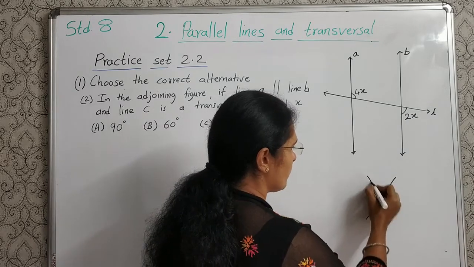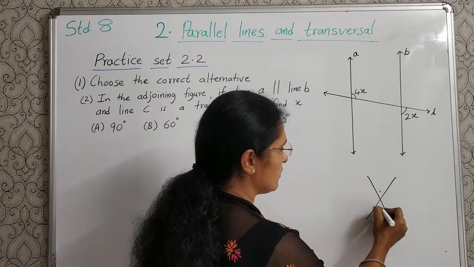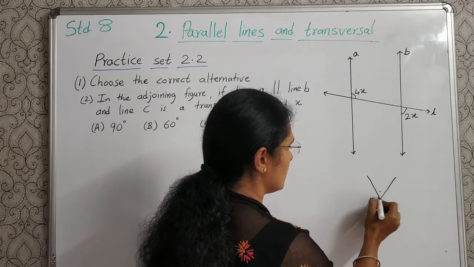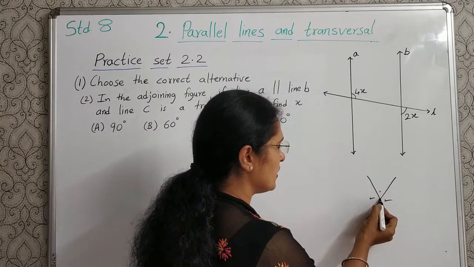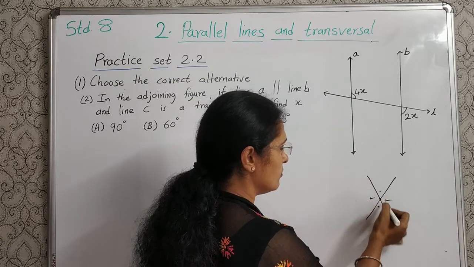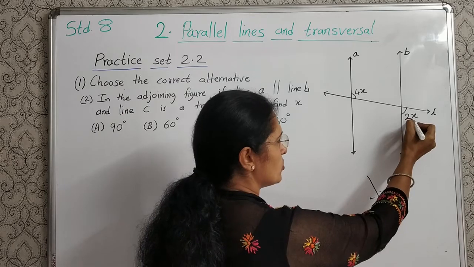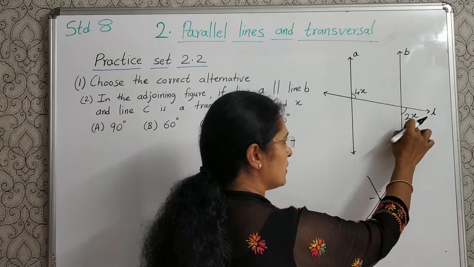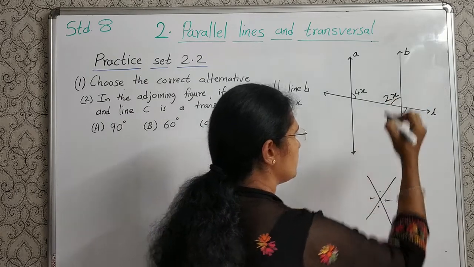You know that when an X is formed, these two angles are vertically opposite angles. They are back to back. And same here, these two are vertically opposite angles. They have a common vertex and their arms are in opposite directions. So vertically opposite angles are congruent. So if this angle is 2x, this is also 2x.